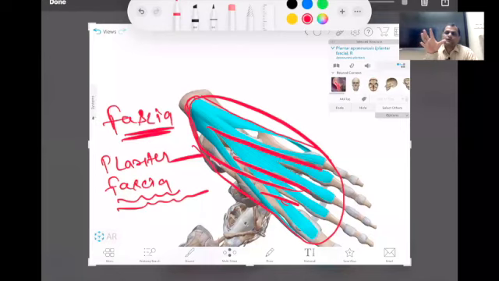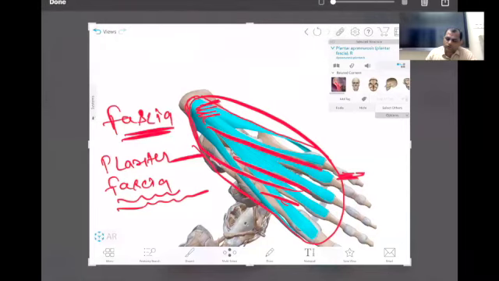If this fascia is contracting more, then it may pull this bone towards this bone.